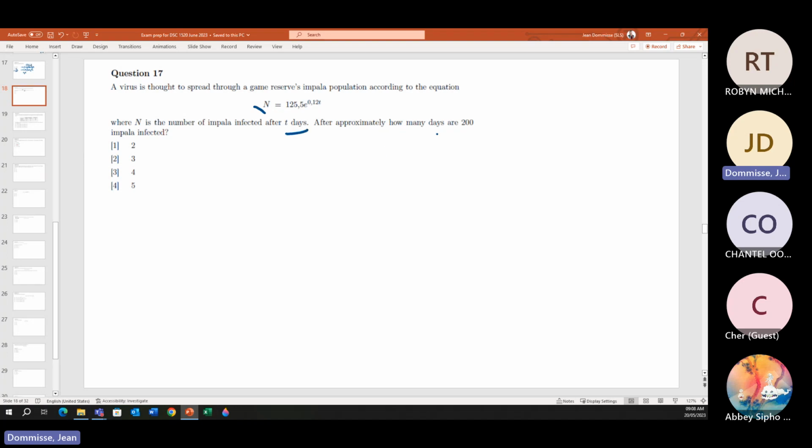Approximately how many days are 200 impala infected? Okay, so n is the number of impala, t is the days.